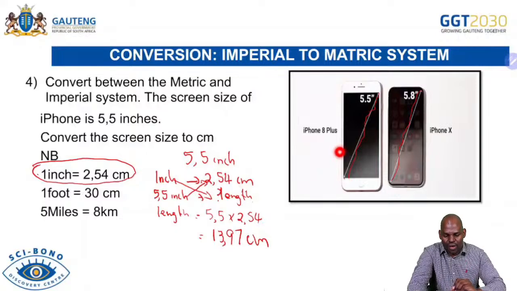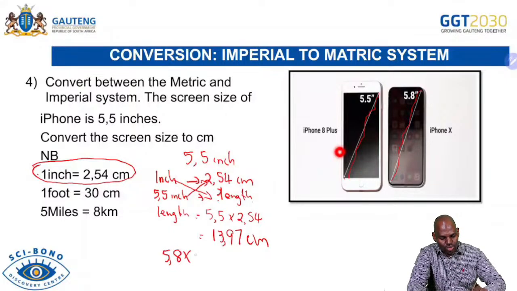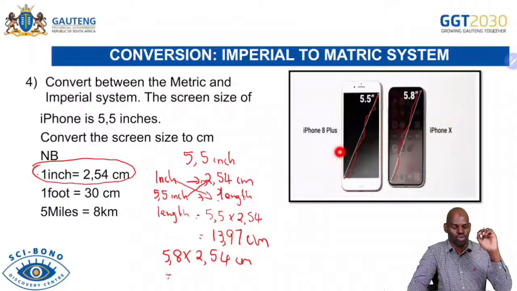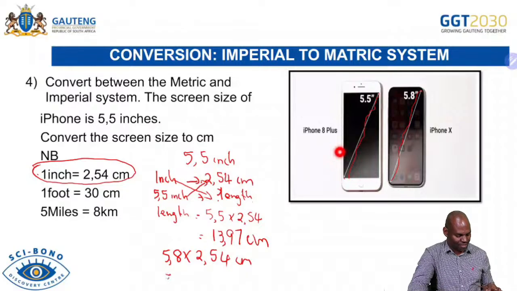Obviously that screen size is a little bit bigger, so we say 5.8 multiplied by 2.54 centimeters. You can still use the cross multiplication, or you can just multiply. It's actually the same procedure. 5.8 multiplied by 2.54.